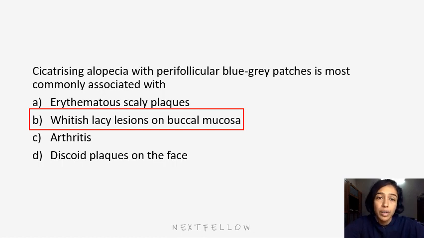They've described scarring alopecia in lichen planus, and that is associated with the buccal mucosa lesions, again, of lichen planus. Option A, erythematous scaly plaques, is typical of psoriasis. Option B would indicate psoriasis because psoriasis is associated with arthritis commonly. Option D is discoid plaques on the face. This typically suggests DLE, that is discoid lupus erythematosus. So these are not the answers.